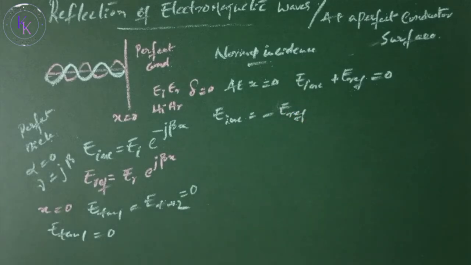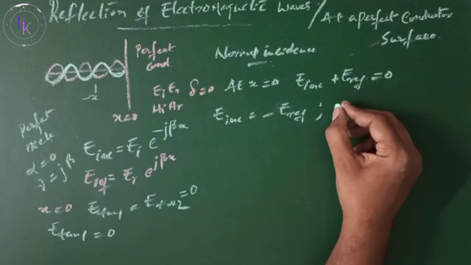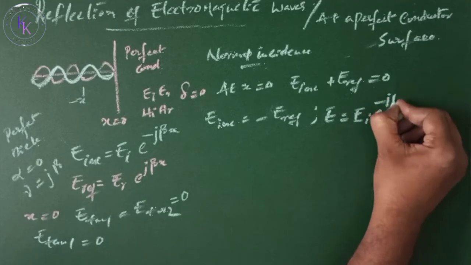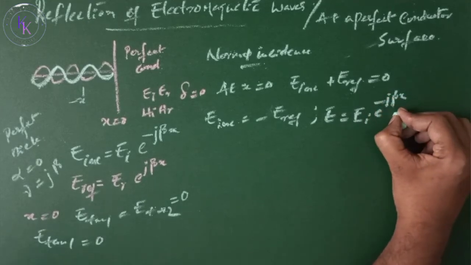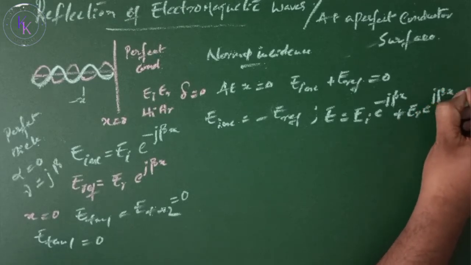Consider a point at a distance of minus x from the boundary. Let the total electric field E equal Ei e to the power of minus j beta x for the incident wave, plus Er e to the power of j beta x for the reflected wave.